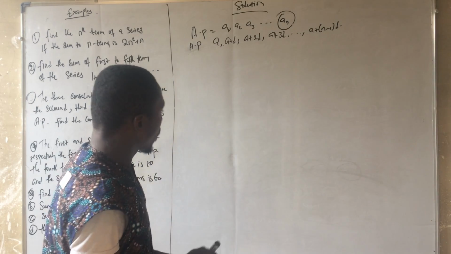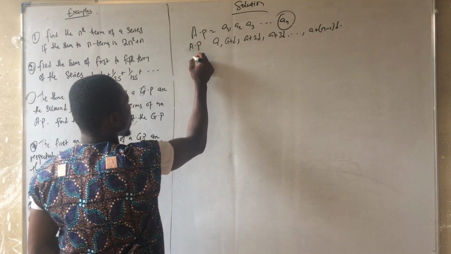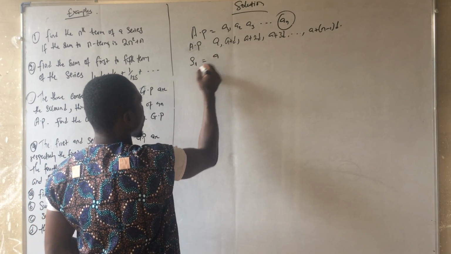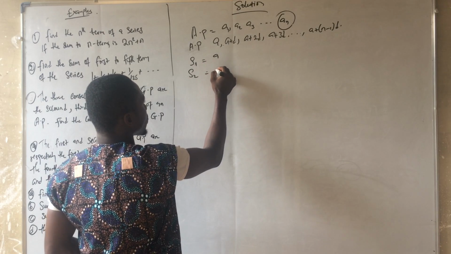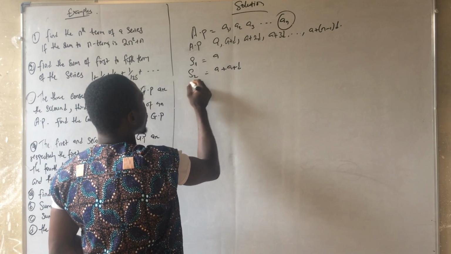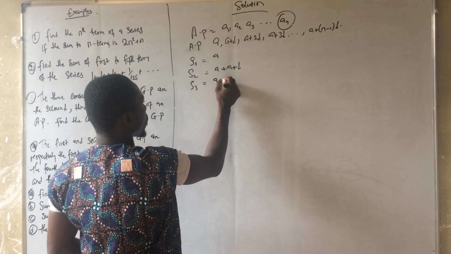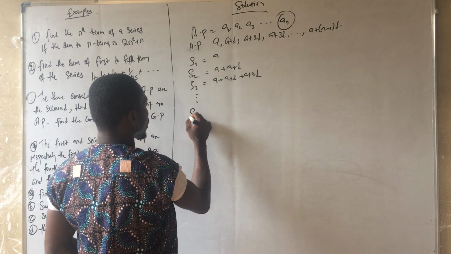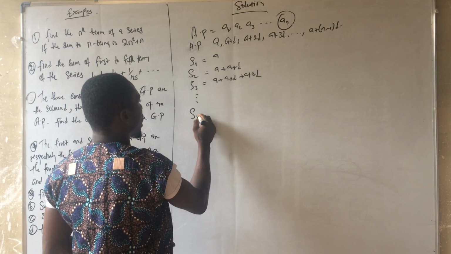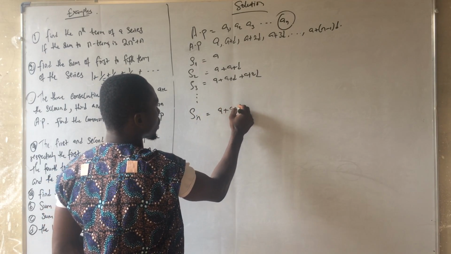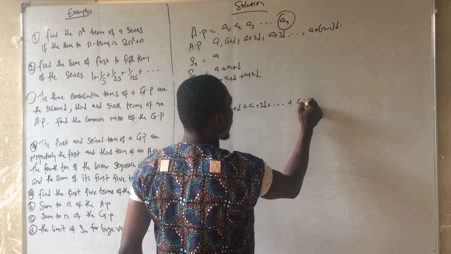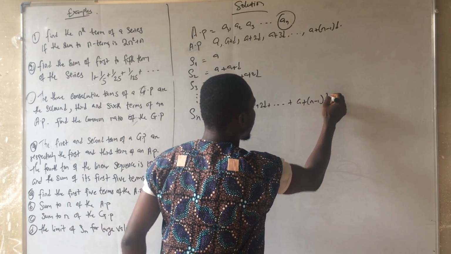Now, I want to show you something again. The sum of the first term is what? A. Sum of the first two terms is A plus D. Sum of the first three terms is A plus (A plus D) plus (A plus 2D), down till the sum of the first n terms equals A plus (A plus D) plus (A plus 2D) plus ... plus (A plus (n minus 1)D).